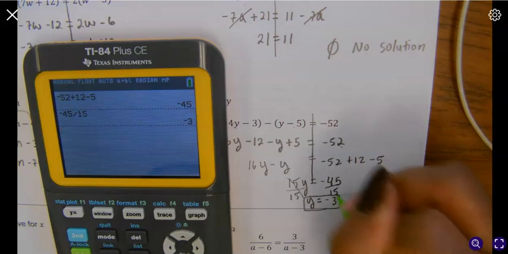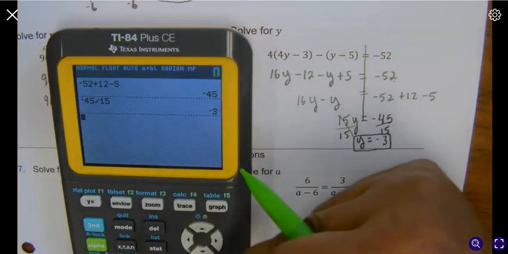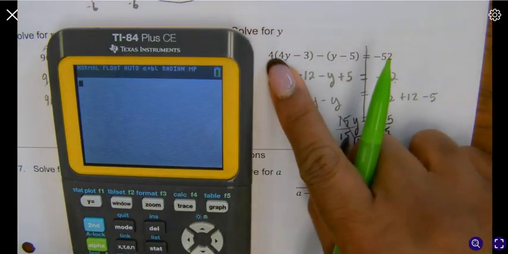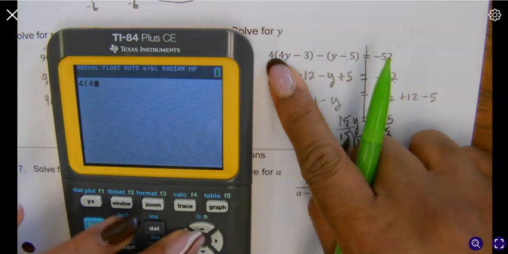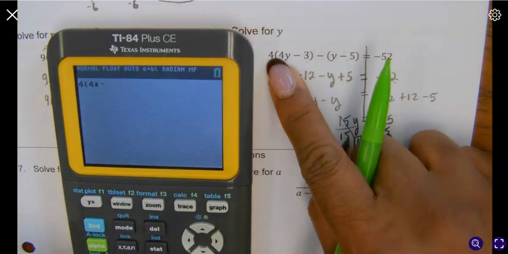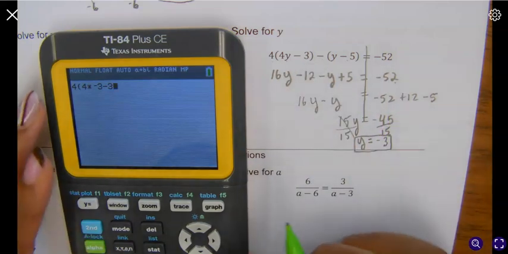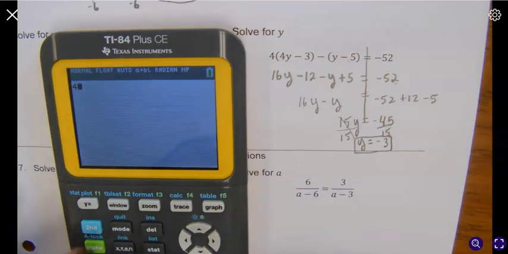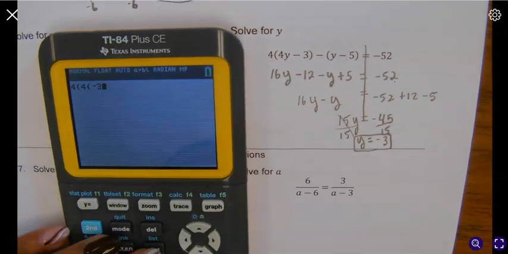Let me just go ahead and check to see if negative 3 actually works here. Because it's a negative solution, I want to show you how you can check your answers for this one. So I'm going to start here. I'm going to do 4 parentheses 4 times negative 3. You can just do parentheses or you can just hit times. That should be fine. Negative 3. That looks weird. Let me do it this way. So 4 times 4 times negative 3 again.